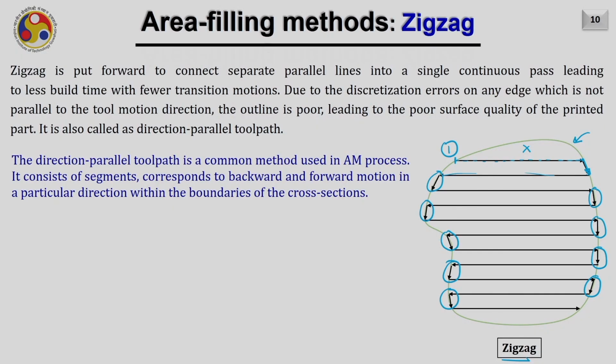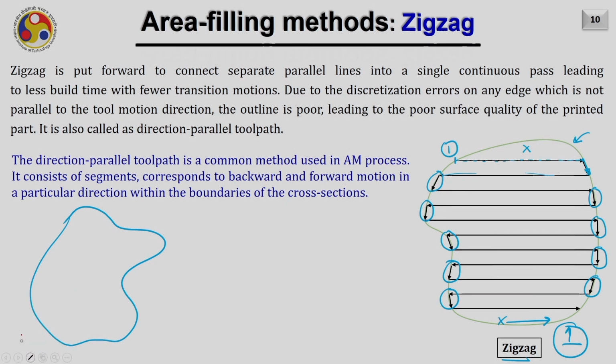It is also possible that we scan the layer differently. For example, this is the first layer and we are scanning it in the x direction. So the long passes, you can see, are in the x direction. Now if I want to scan the next slice, which looks something like this, it is possible that we scan the inside area at an angle from the x axis.